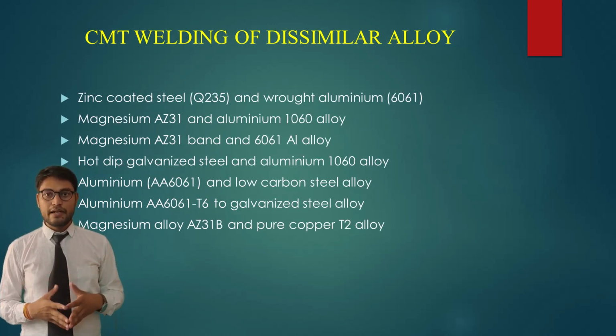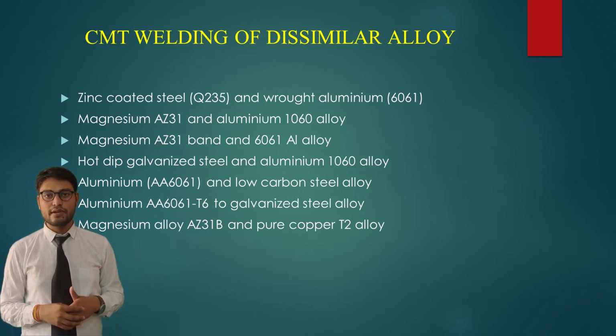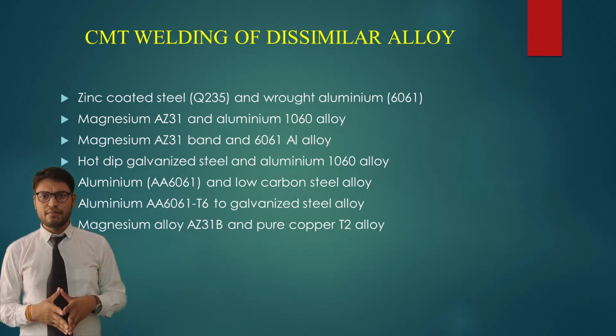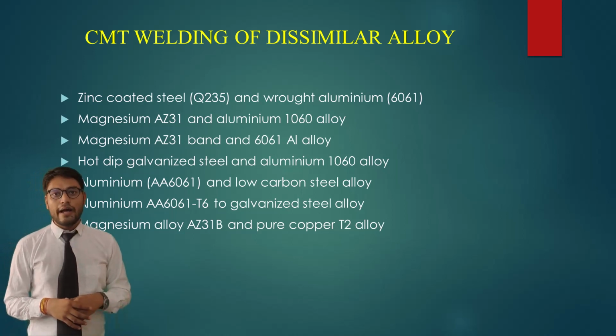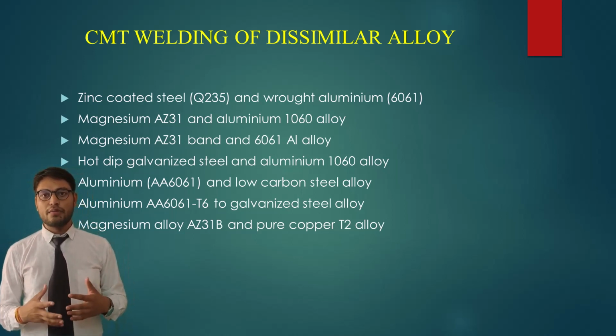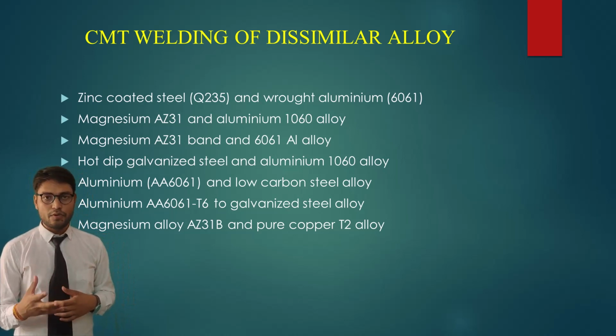Similarly, CMT can give the best results with dissimilar alloys, for example, zinc coated steel and wrought aluminium 6061, magnesium AZ31 and aluminium 1060 alloy, magnesium AZ31 and 6061 aluminium alloy, and hot dip galvanized steel with aluminium 6061 alloy and many more.